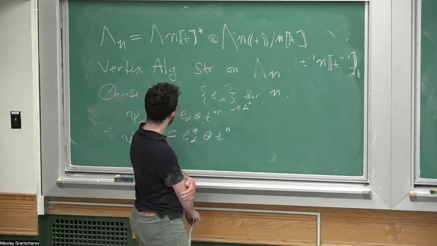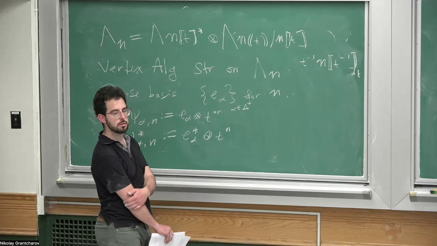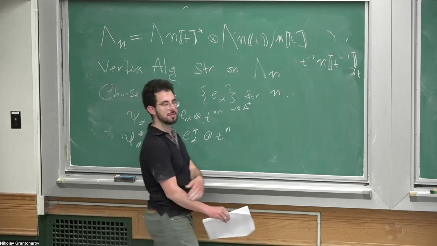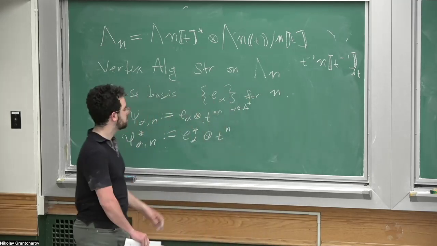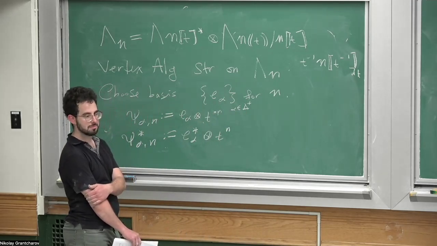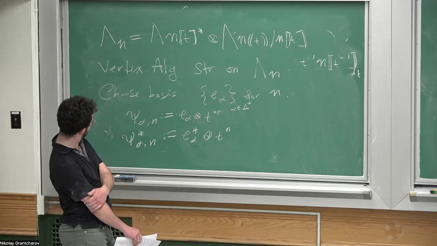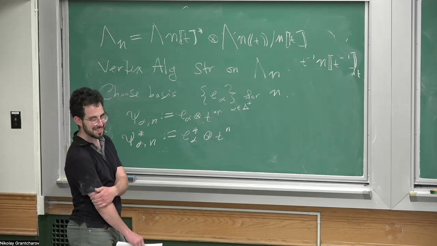Yeah, there has to be a residue. And I think when he writes it like this, he's using the identification. I think this is correct as written now, but I'm not sure.